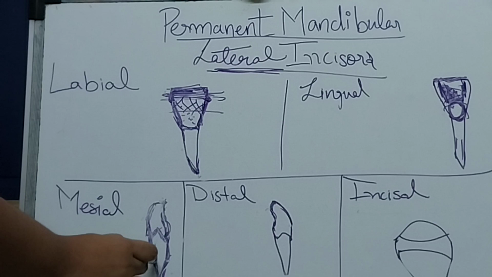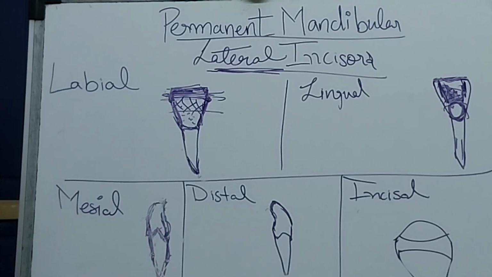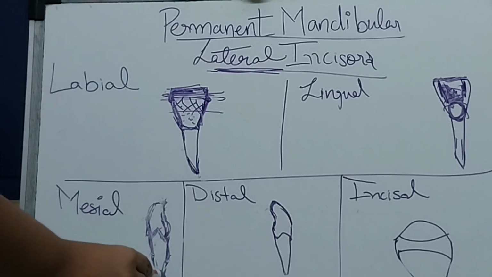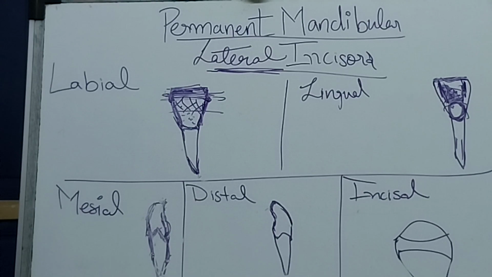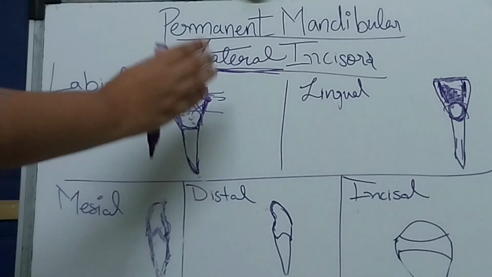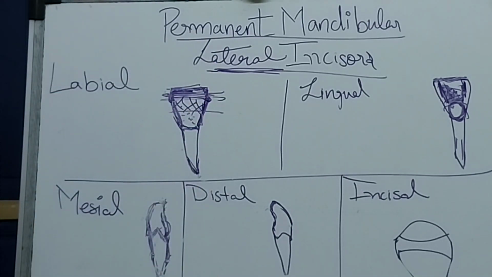That is the correct word. It starts tapering like this, from the junction of the middle third and the apical third till the apex. This is the apex. So this surface is flat just below the cervical line.